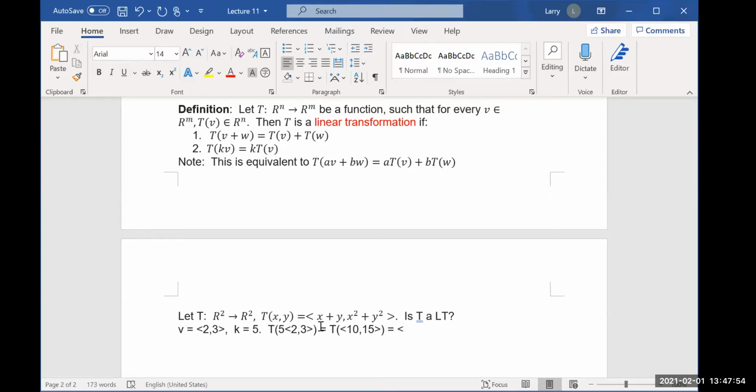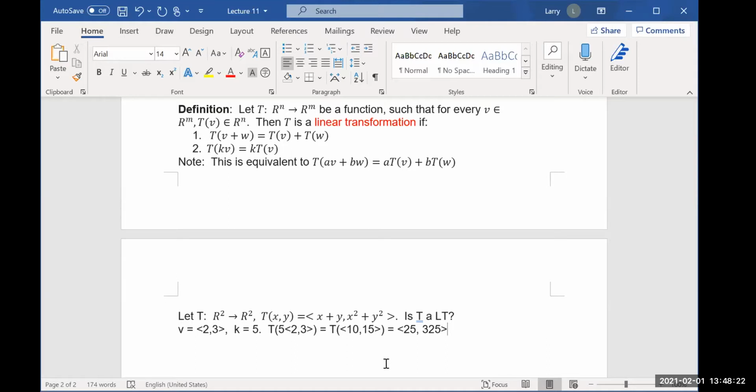And that's equal to 25. Do you see how I got 25? Any questions on that? And then x squared plus y squared is 325. 10 squared is 100, 15 squared is 225, 100 plus 225 is 325. Any questions so far?